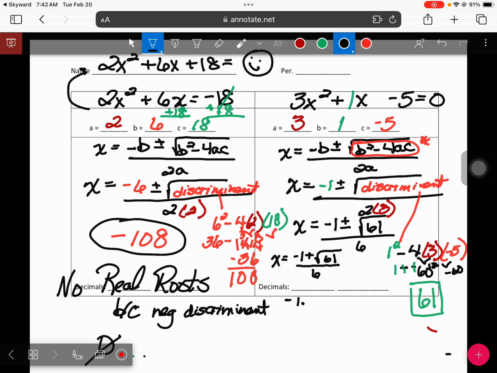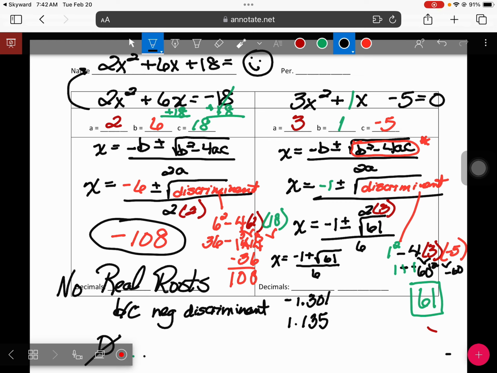Well, negative 1 point what? 301? Anybody else get that? What's anybody else getting? 1.14 what? Or was it 13 something? 13. 1.135.